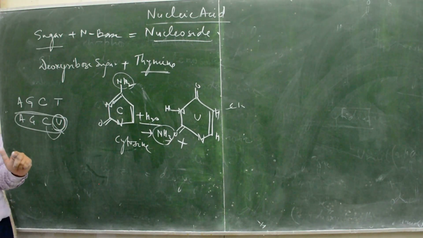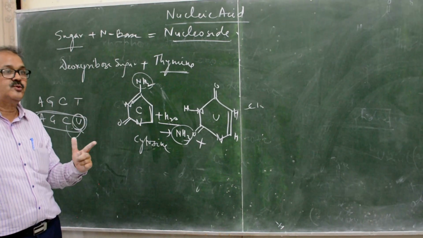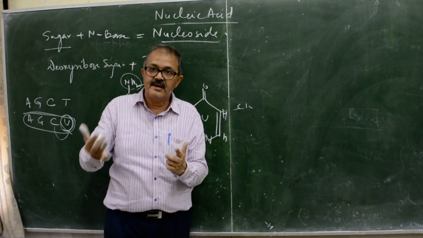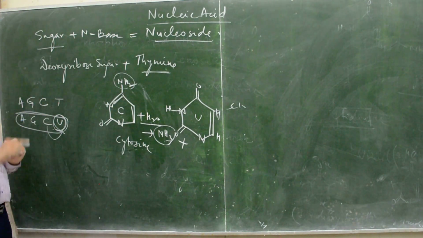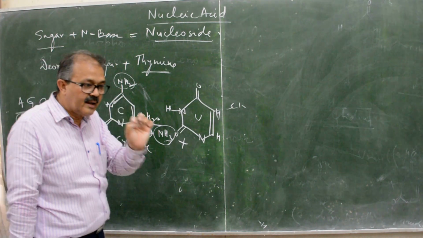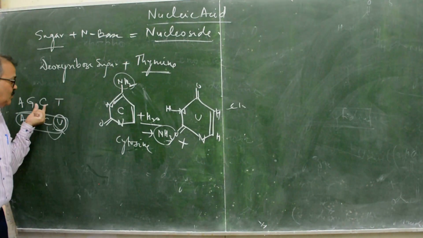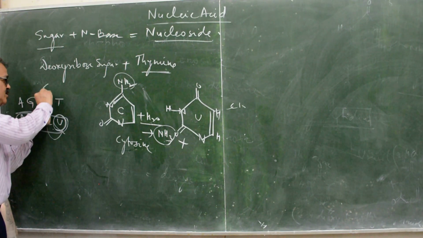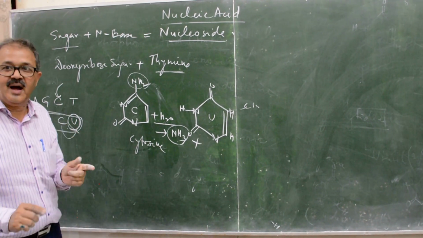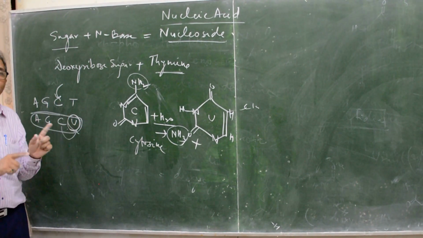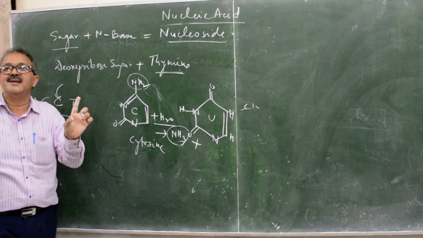Then why is thymine present in DNA, not in RNA? The methyl group provides more stability. And second, if uracil is present in DNA, it is a clear-cut example of mutation, because uracil will be present only after hydrolysis of cytosine. So if you find uracil in any DNA, it is a case of mutation.